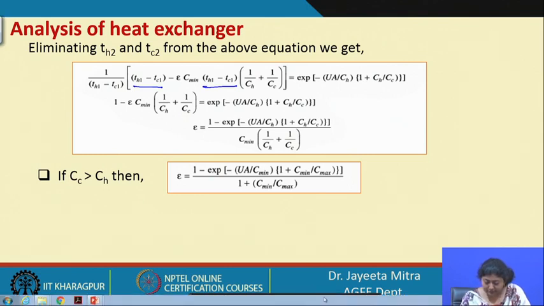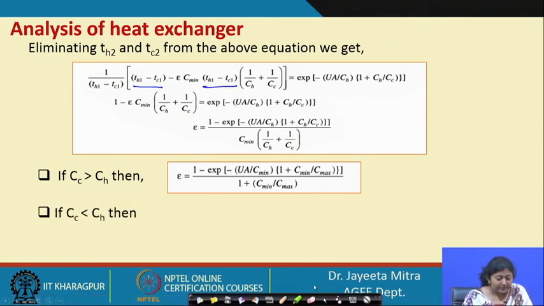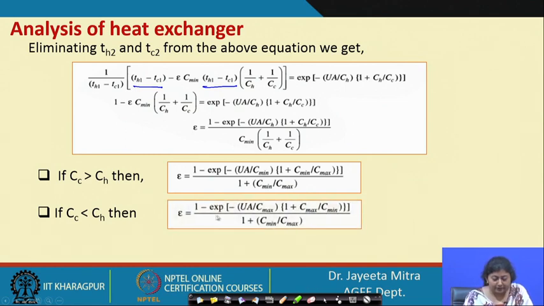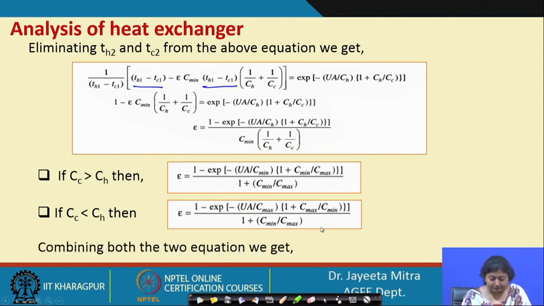And the second case would be if Cc is less than Ch, that is if Cc is the minimum, then the value will be 1 minus exponential minus UA by C max into 1 plus C max by C min, because Ch by Cc. So Ch is high now and Cc is the minimum, divided by 1 plus C minimum by C max, okay, because Cc is less than Ch. So Cc is the minimum one. So now we can write here this is minimum, okay.